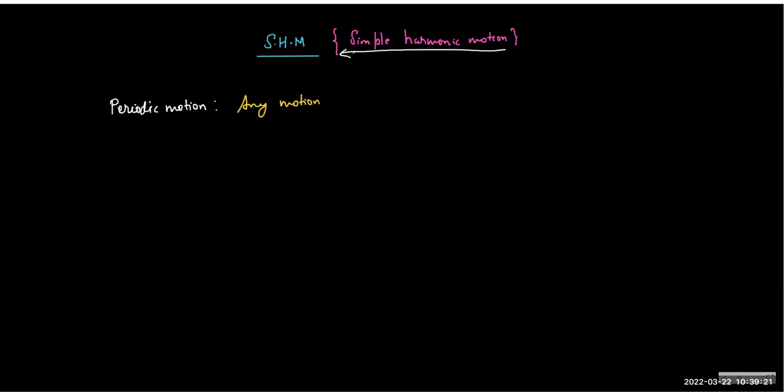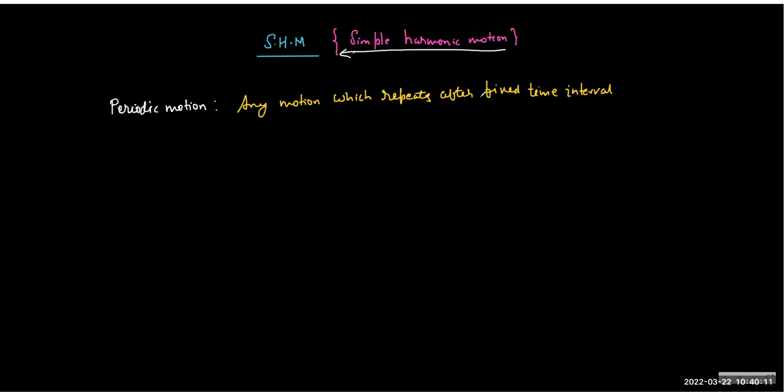Now if a motion is repeating after a fixed time interval, then we call it periodic motion.